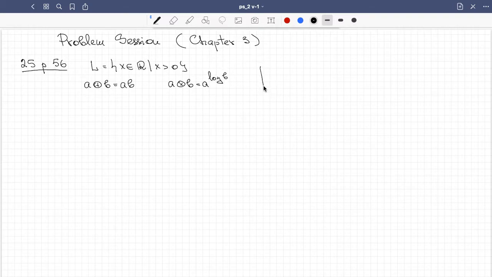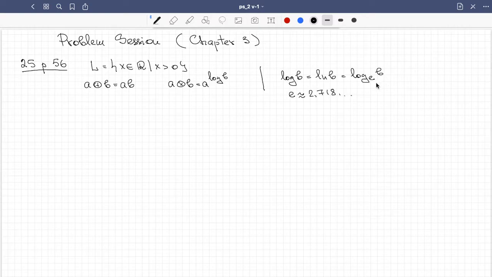I should say I consider log as natural log, so log B, sometimes and frequently denoted ln B, is the same thing as log base E. E, as you know, is 2.718 and so further.